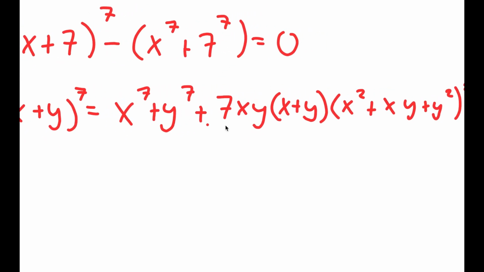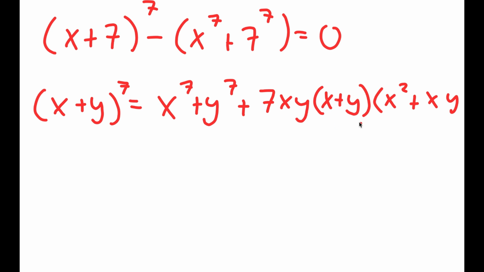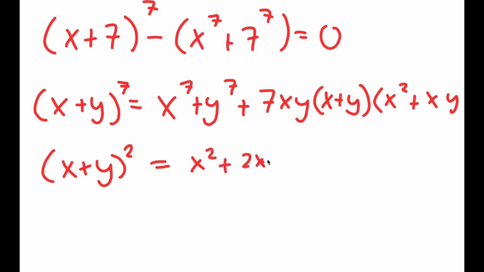And if you're wondering how I got this, there's actually a certain algorithm to solving these types of equations. So if I had, let's say, (x + y)^2, this is equal to x^2 + 2xy + y^2.